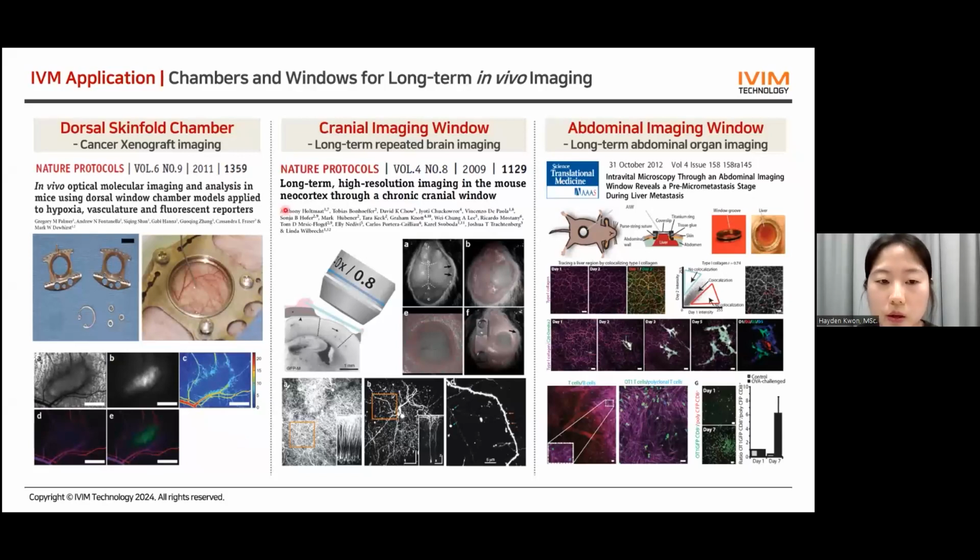The cranial imaging window enables observation of cancer cells in brain tissue, while the abdominal imaging window allows observation of cancer cells in various organs within the abdomen. With just one surgery to insert the window, the advantages of in vivo microscopy become evident, as it enables long-term imaging of desired organs.